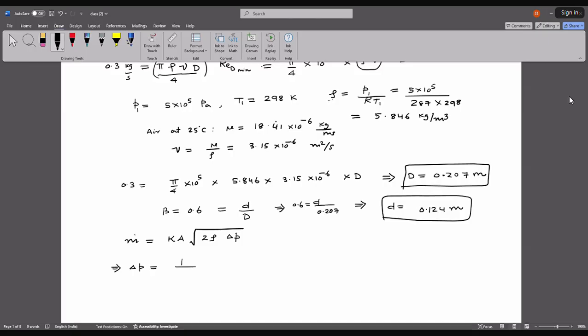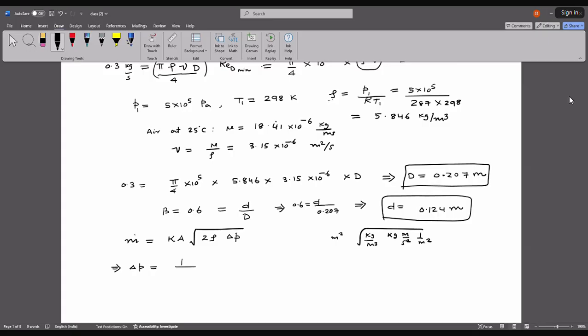Let me check the units. This is meter square, kg per meter cube. This is Newton per meter square, so kg, mass into acceleration over meter square.